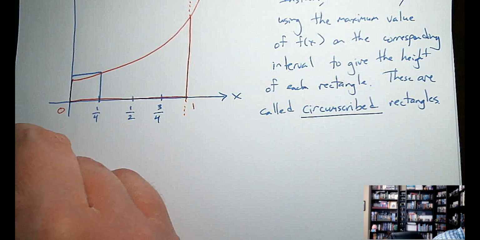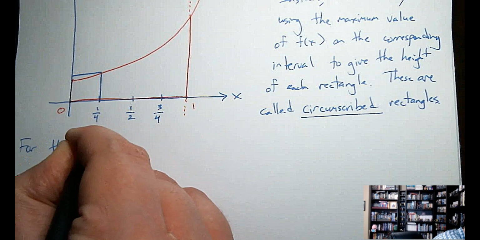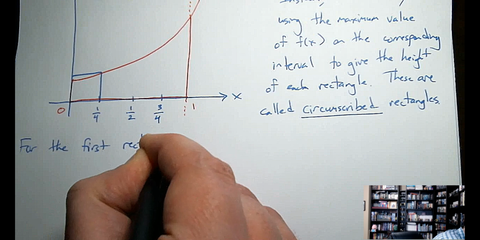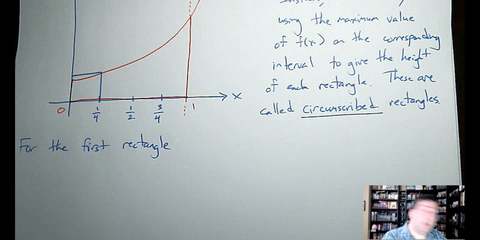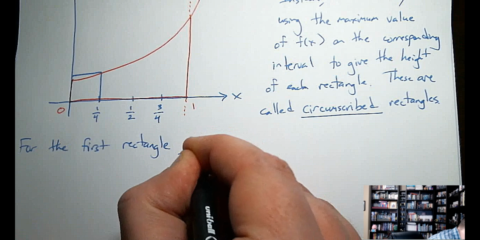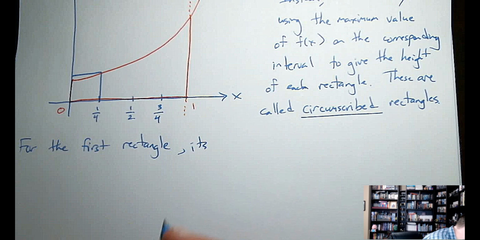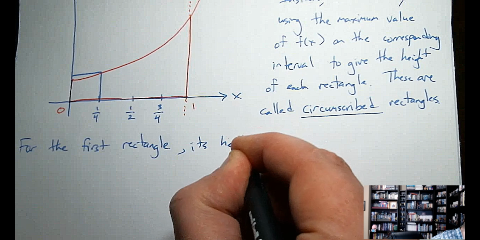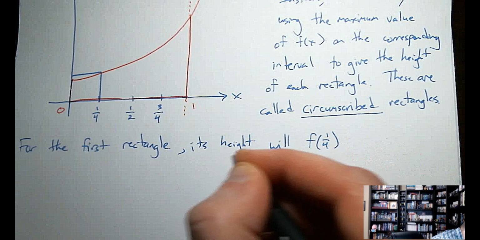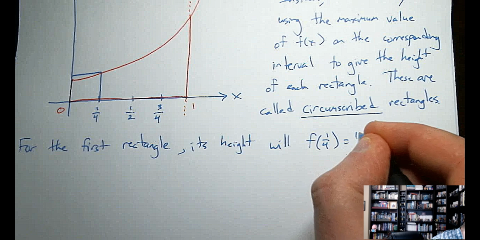So then, for the first rectangle, I'm just really repeating what I did in the last video, but now with these new heights. So using circumscribed rectangles, its height will be f of a quarter, which we already computed to be 17 over 16.